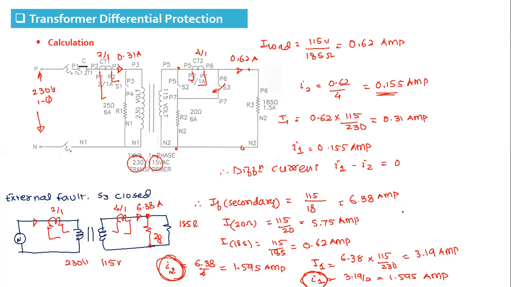Theoretically, percentage bias is I1 minus I2 upon I1 plus I2 by 2. So it is 0 by 1.595. I1 plus I2 is the same, so it is 0. Here in this case also the percentage bias seen by the relay is 0, because the differential current is 0. But when we close switch S2, you can see here, the diagram will be like this.